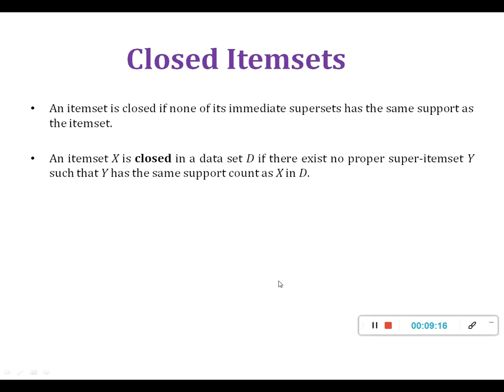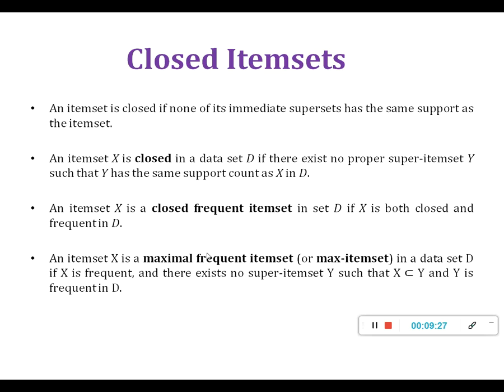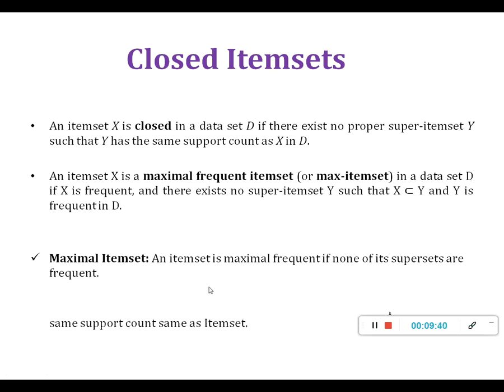An item set is said to be closed if none of its immediate supersets has the same support as the item set. Our definition is given in other terms here, because we are going to find the closed item sets and also the maximal frequent item sets. In easy terms, an item set is said to be closed if none of its immediate supersets has the same support count as the item set.